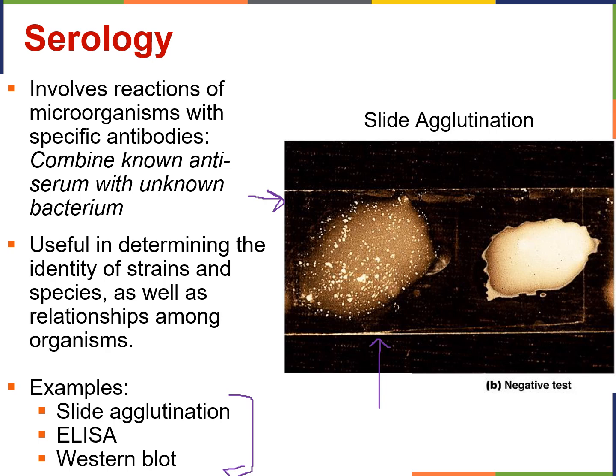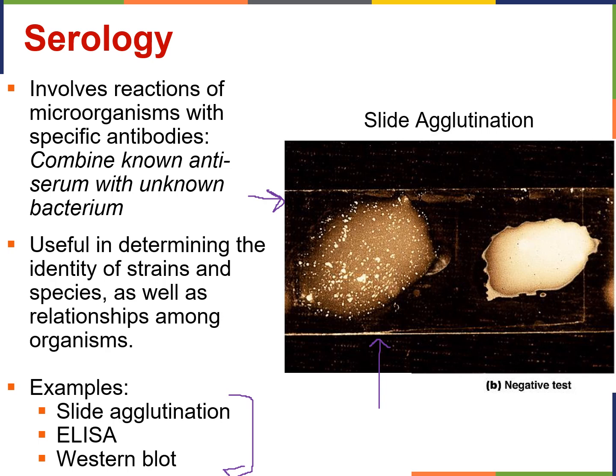So this is the patient sample on the left of the slide. To that, you add the E. coli antibodies. And what happens when there's a reaction? What you're hoping happens is that if your patient does have E. coli, then there's going to be a reaction between the antigen in the patient sample and the antibody that you added to the patient sample.